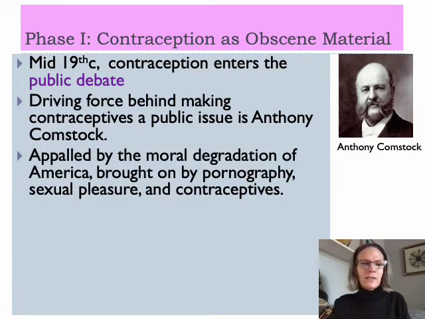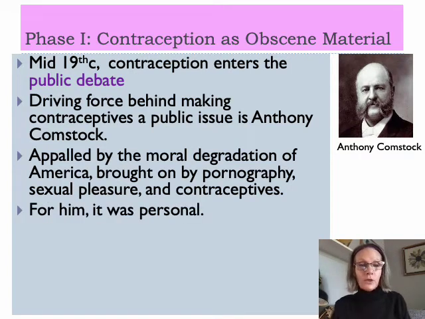And he was just appalled by what he saw as the moral degradation of America. And he really thought that this moral degradation was brought on by access to pornography, being able to engage in sexual pleasure because you had access to contraceptives, and he was really, really concerned about this. And also for him, it was personal.